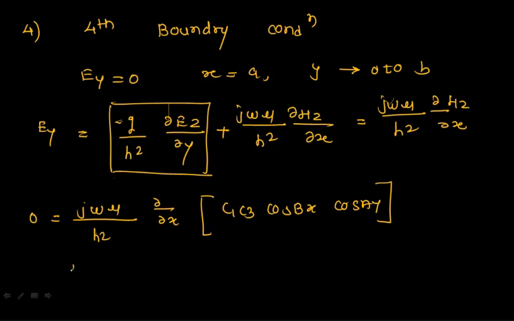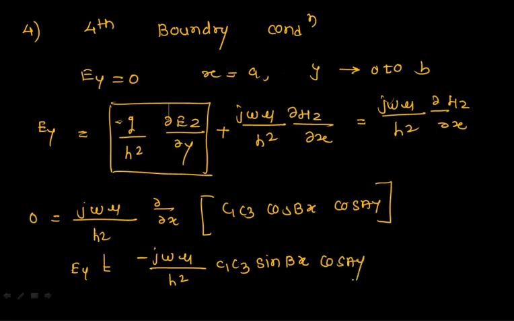So again, I can write Ey is equal to j omega mu by h square, okay, C1 C3, the cos becomes sin, and because of this your sign gets changed here, minus, and then cos of ay. So I have got this value over here, which is nothing but Ey.